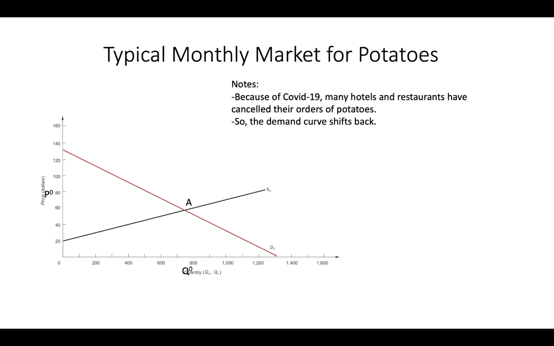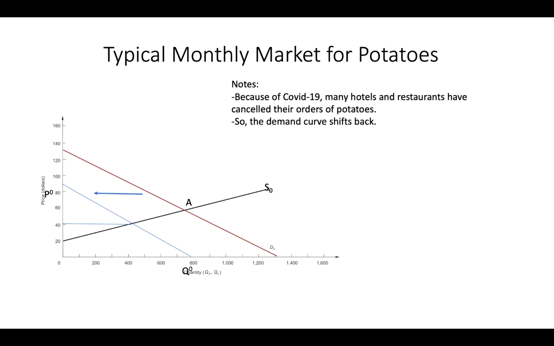Now, what's happening is because all these hotels and restaurants have closed, have really decreased customers, they've canceled their orders for potatoes. So this demand curve is something that causes it to really decrease. The demand curve shifts back. If we see that blue arrow there, that represents the shift back. So our new line is the new downward sloping curve, and that's our second demand curve.